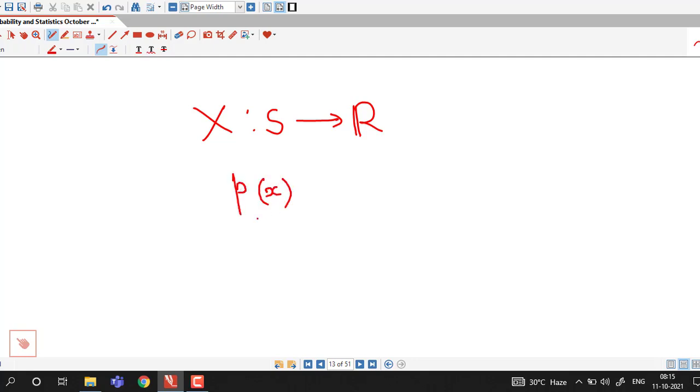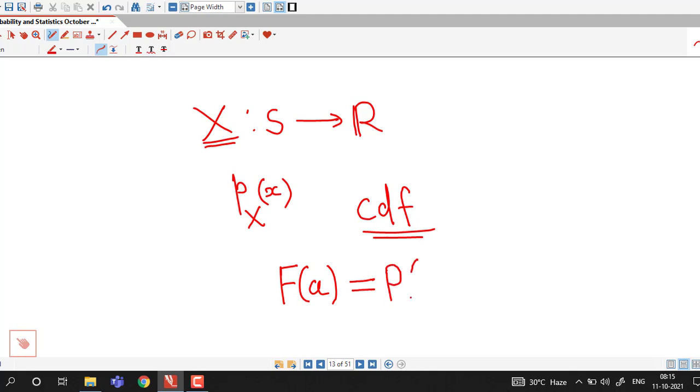So if we recall that if X is a one-dimensional random variable from sample space to the set of all real numbers, and if small p_X is the probability mass function of this random variable X, then the cumulative distribution function or distribution function is denoted by capital F and is defined as F(a) equal to the probability of the event X is less than or equal to a.